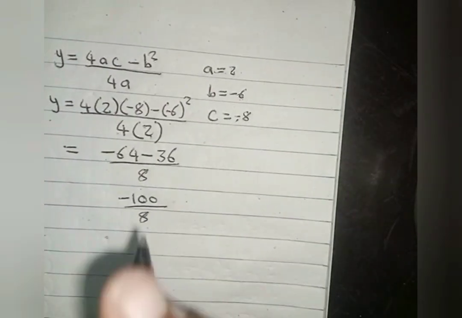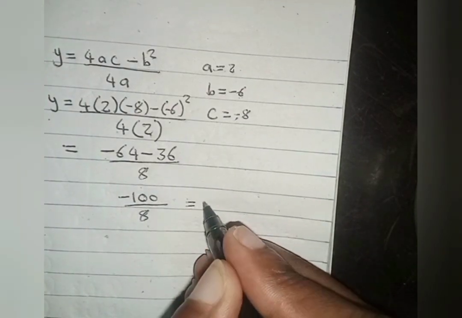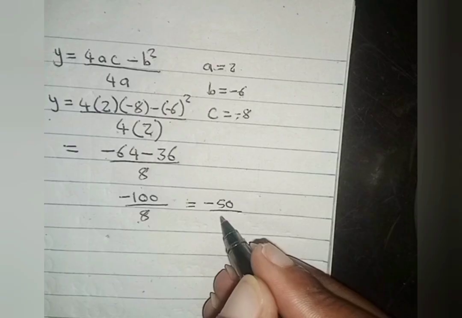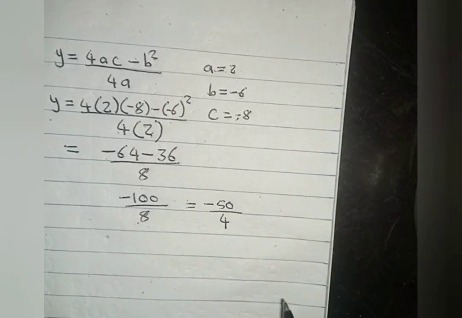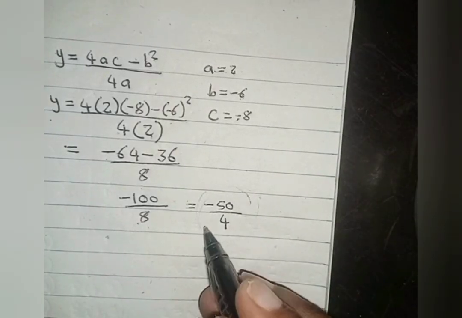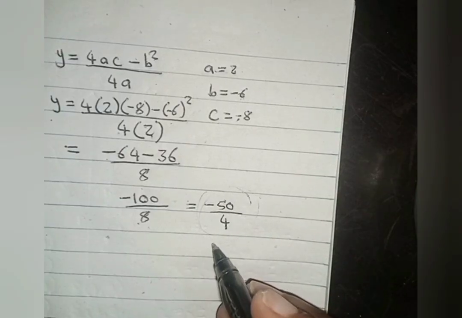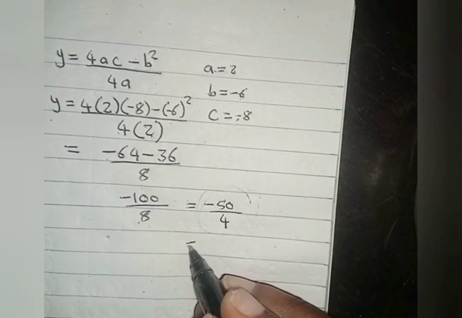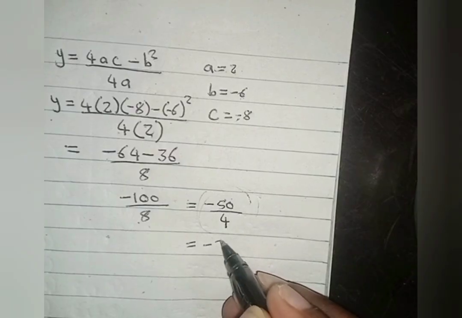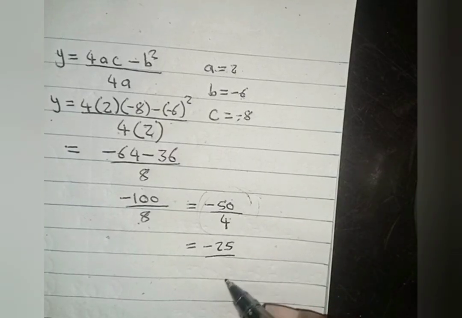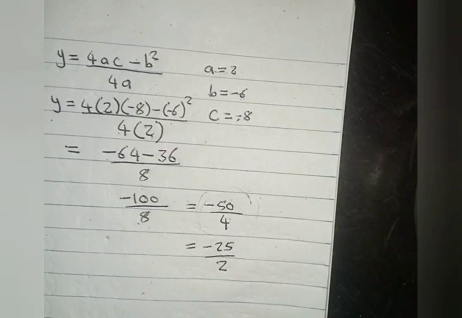So 2 into 100, we get 50. Then 2 into 8, we get 4. We can simplify this further. There's a number which goes into 50 and 4 without leaving a remainder, which is 2. So 2 into 50, we get 25. Then 2 into 4, we get 2.